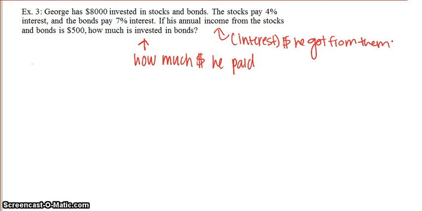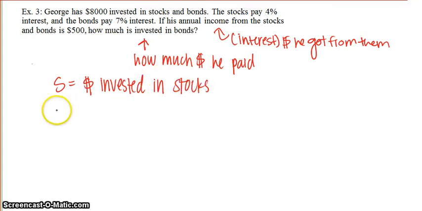We're going to say S is the money he invested in stocks. And we're going to say that B is the money invested in bonds.